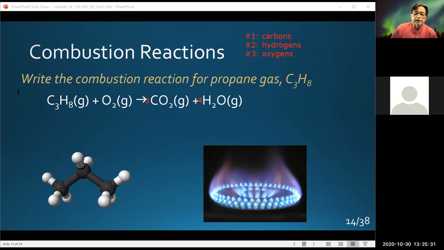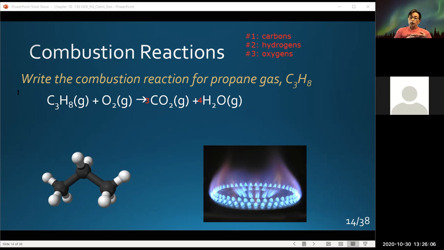Does that make sense up to this point? Go double check. We still have 3 carbons on both sides. Now we have 8 hydrogens on the reactant side and 8 hydrogens on the product side. So now the hydrogens are balanced, the carbons are balanced. We look at the oxygens. Reactant side, we have only 2 oxygens. Product side, we have 6 oxygens coming from carbon dioxide and 4 coming from water.